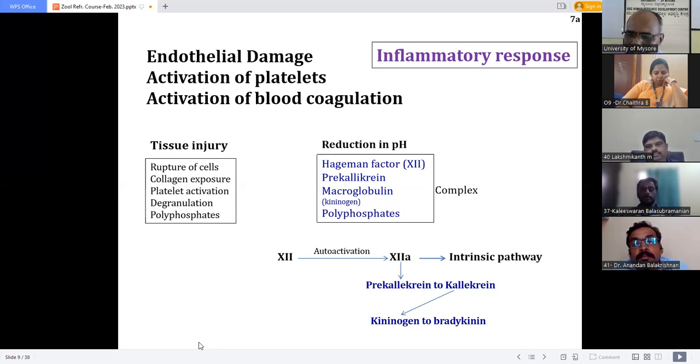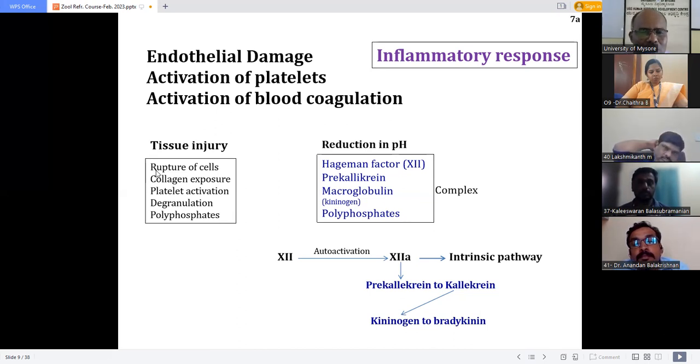Phosphatidylserine imparts charge, and that also gives charge for the activation of plasma components right on the surface of the platelet. But polyphosphates are the predominant ones. Because of polyphosphates, the intrinsic pathway is getting activated.